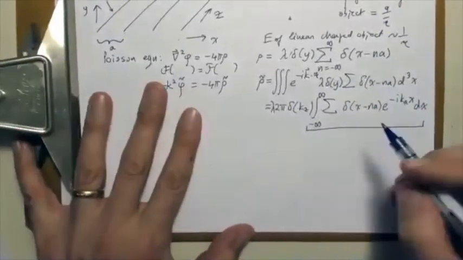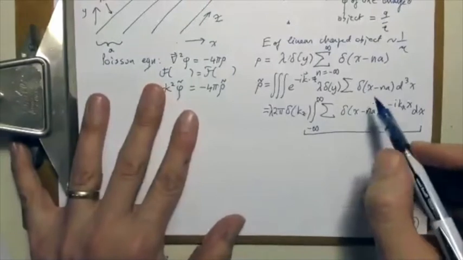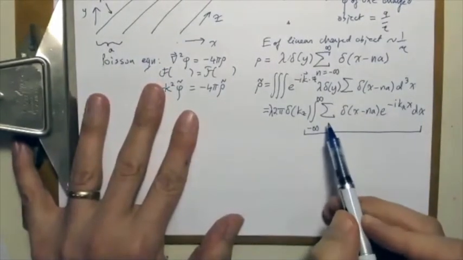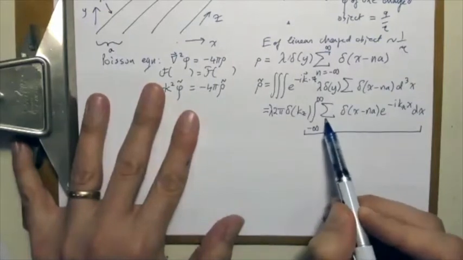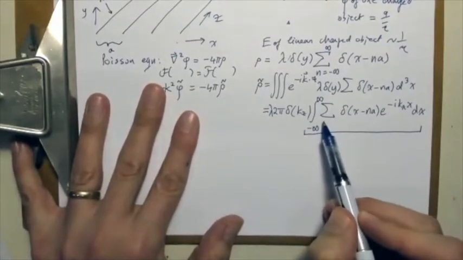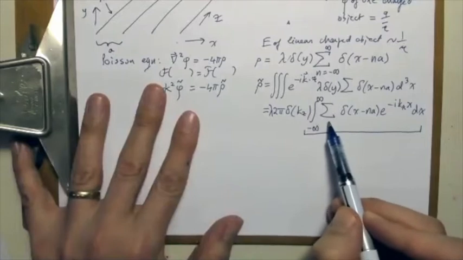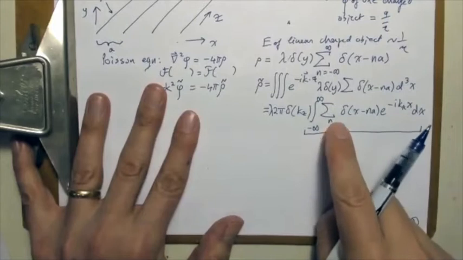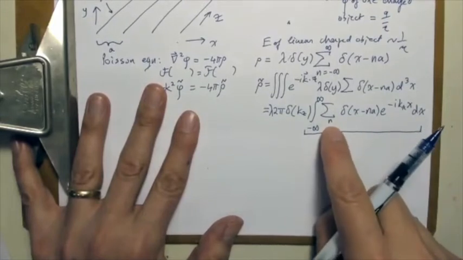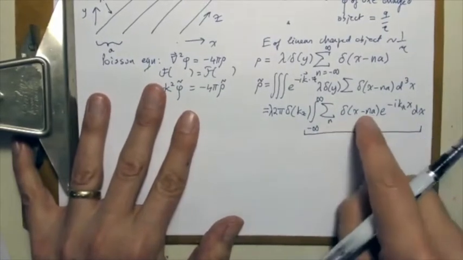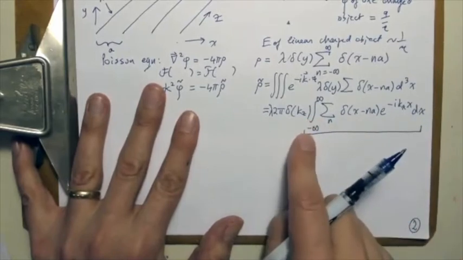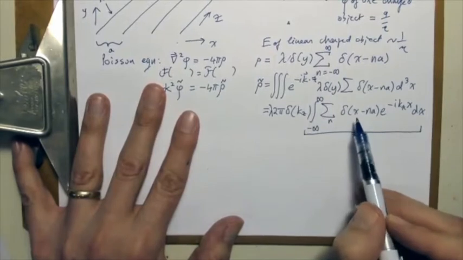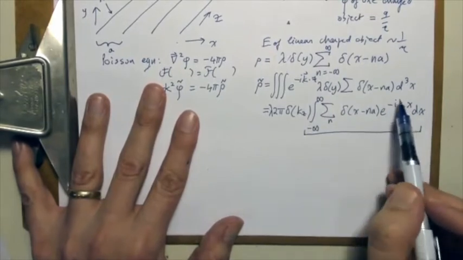This looks a little tricky, but really this is just a sum of n integrals. We're looping over n, and for a specific value of n, you are integrating from minus infinity to infinity over x, and the only thing you're integrating is this.